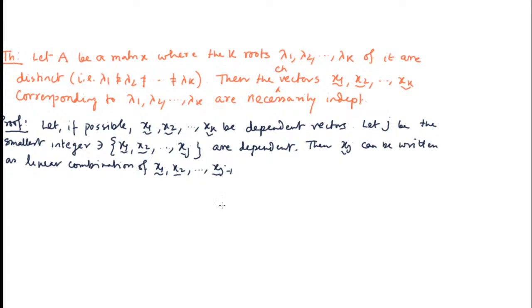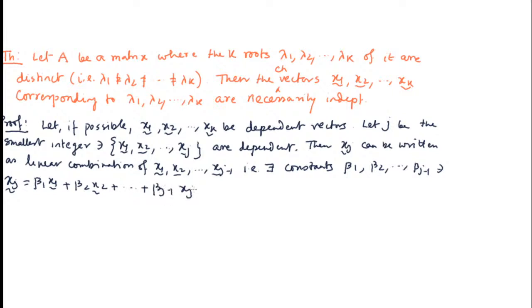That is, there exist constants beta 1, beta 2, beta j minus 1 such that xj curl equals beta 1 x1 curl plus beta 2 x2 curl plus beta j minus 1 xj minus 1 curl.